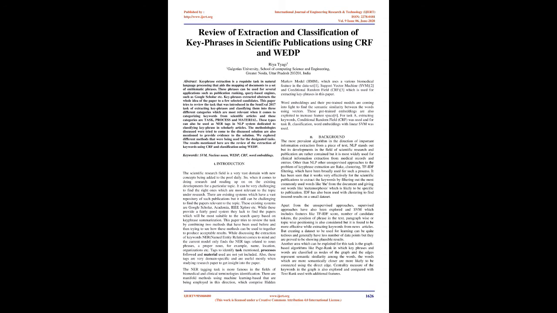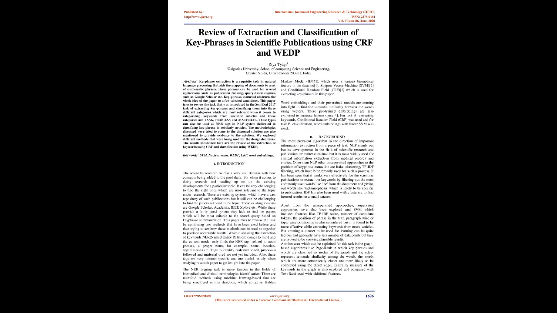There are manifold methods using machine learning that are being employed in this direction, which comprise hidden Markov model, which uses various biomedical features in the dataset [1], support vector machine, SVM, [2], and conditional random field, CRF, [3], which is used for extracting key phrases in this paper.